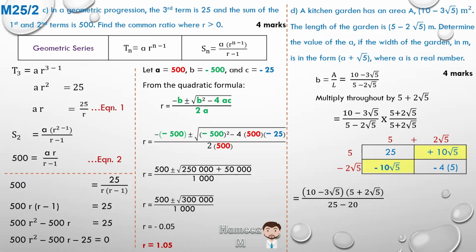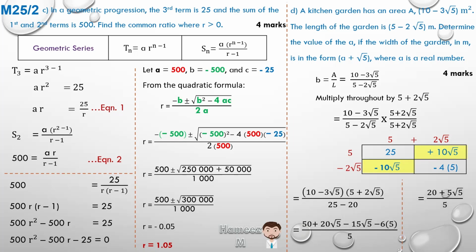Let's use FOIL on top, or you can use any method you wish. 10 5s are 50. 10 times 2 is 20 root 5, minus 3 5s are 15 root 5, minus 3 times 2 is 6, root 5 times root 5 is 5, all over 25 minus 20 is 5. So we have 50 minus 6 5s, which is 30. That gives us 20. Plus 20 root 5 minus 15 root 5 is 5 root 5.